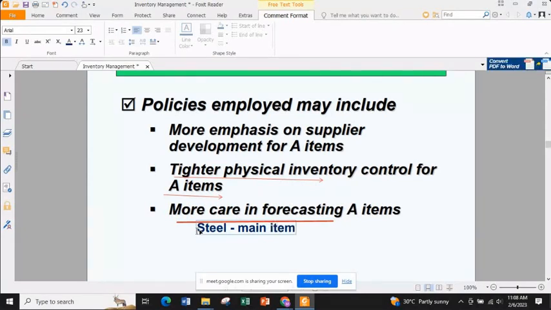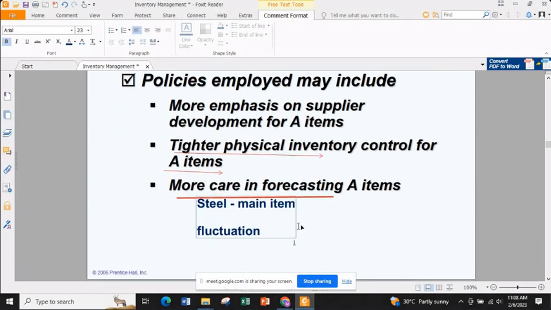So what's the issue on the steel? Of course, fluctuation. Because of the steel fluctuation, you need to forecast when to place an order, so that your end product, your car, can still maintain the price.